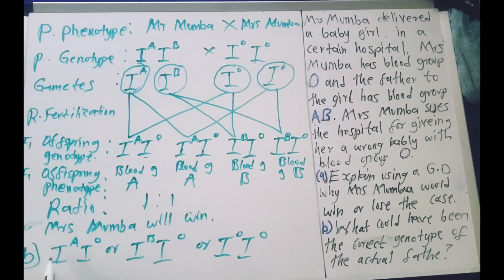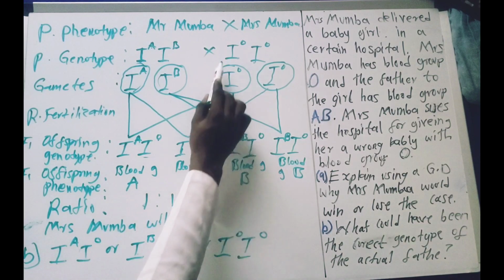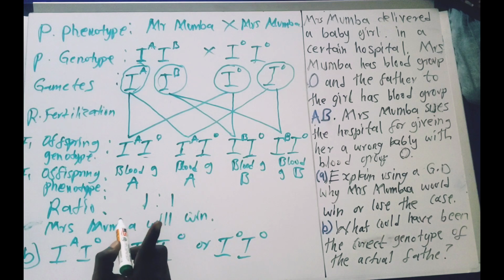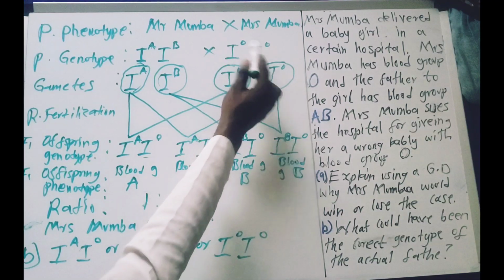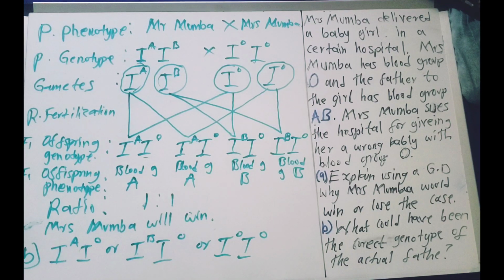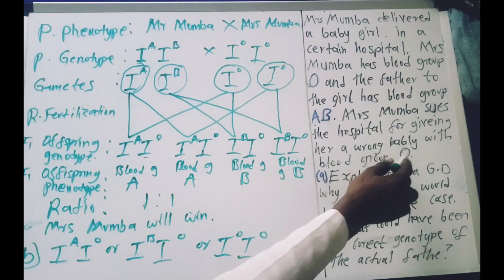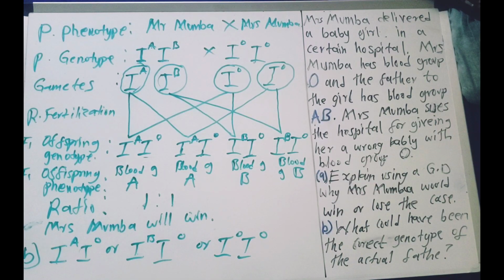Meaning the actual father had this one, or this one, or this one. If the actual father had this one, this would have crossed with one of these and they would have produced OO. And that's the only way the child would have come with O. Even this one, this O would have crossed with these O's and they would have produced blood group O. Okay? Even this one also, if it crossed with this, they would have produced the offspring with blood group O. So these would have been the actual blood groups for the father of this child with blood group what? O. I hope you get the concept.